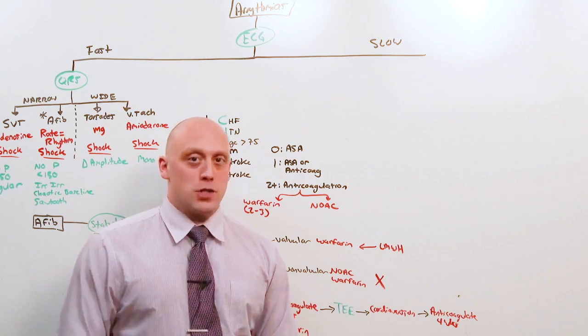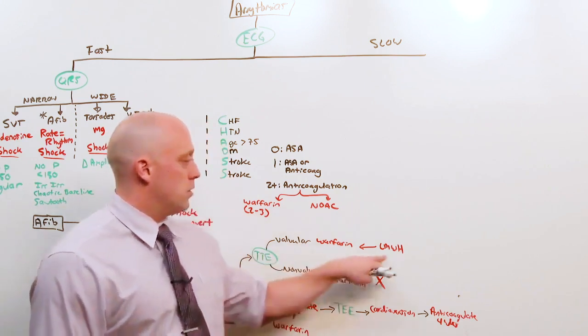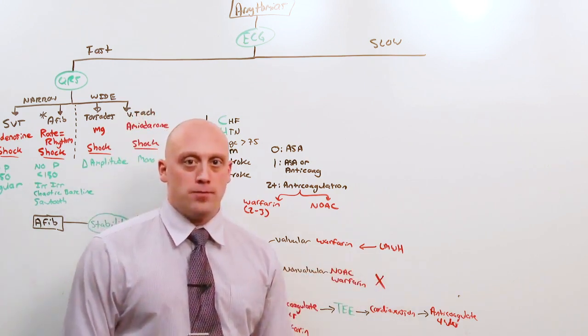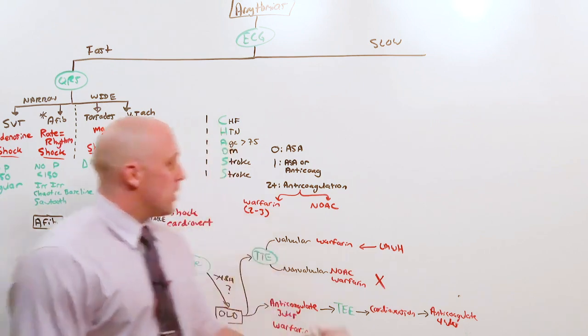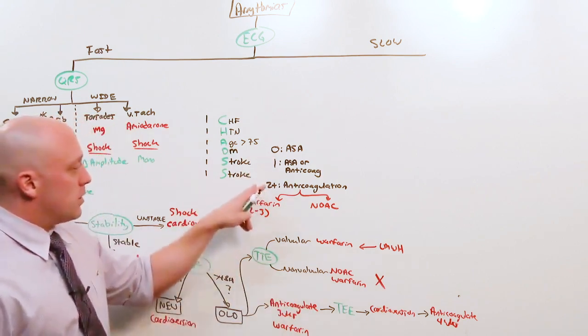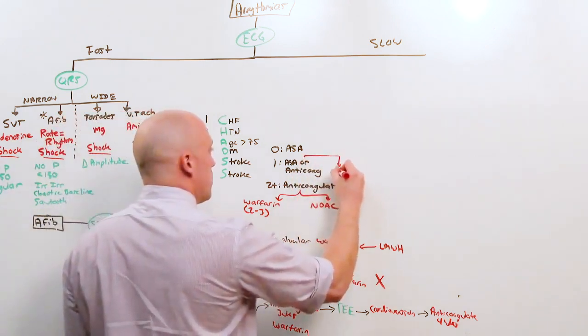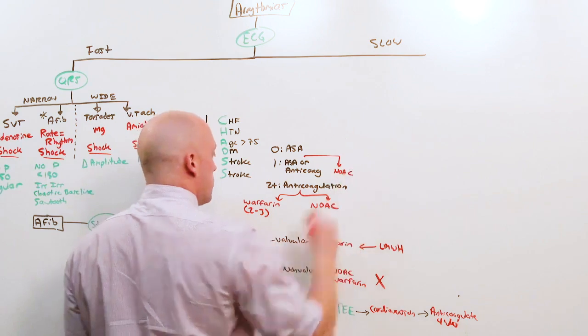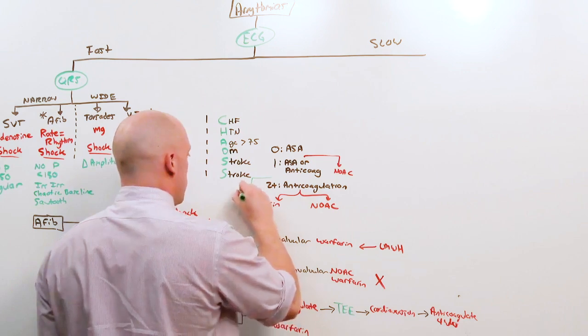If they're going to stop their anticoagulation for a procedure and they are valvular, give them low molecular weight heparin. Lots of little details in here, but it's really important. I've also simplified this significantly. In reality, 1 or more gets a novel oral anticoagulant, and 2 or more gets Coumadin, warfarin.